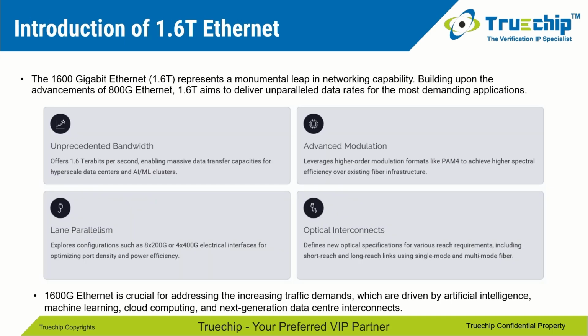Moving forward, this brings us to the main topic, 1.6T Ethernet. The 1.6T Ethernet represents a monumental leap in networking capability. The standard builds on the advancements of 800G Ethernet to deliver unprecedented data rates for the most demanding applications. Its key characteristics include unprecedented bandwidth, offering 1.6 terabits per second, and advanced modulation, which uses higher-order modulations like PAM4 to achieve high spectral efficiency.